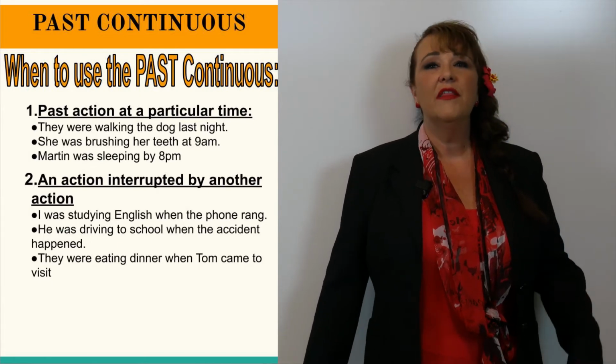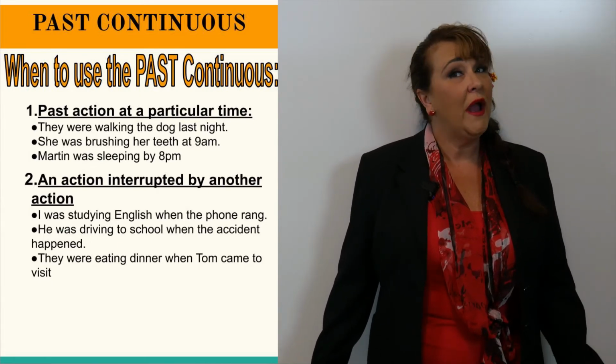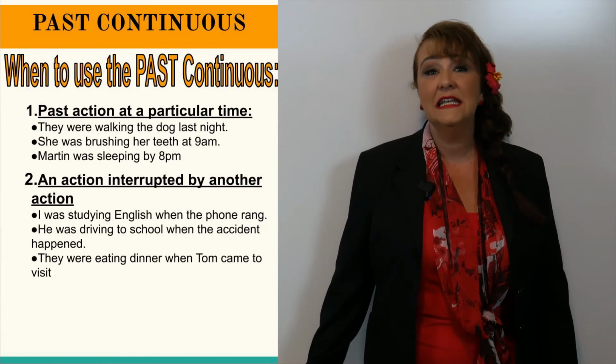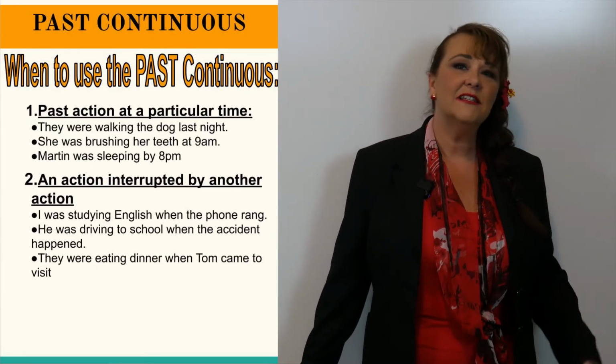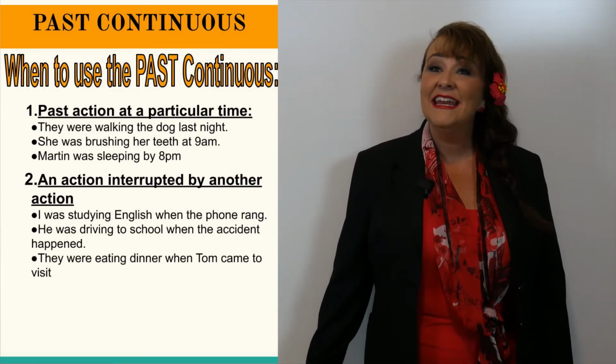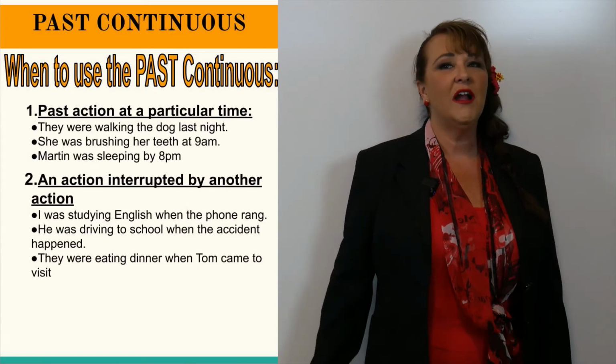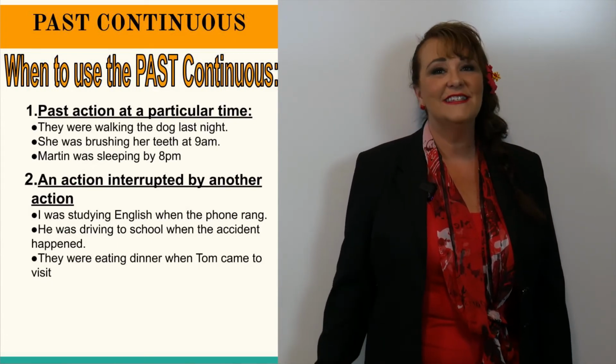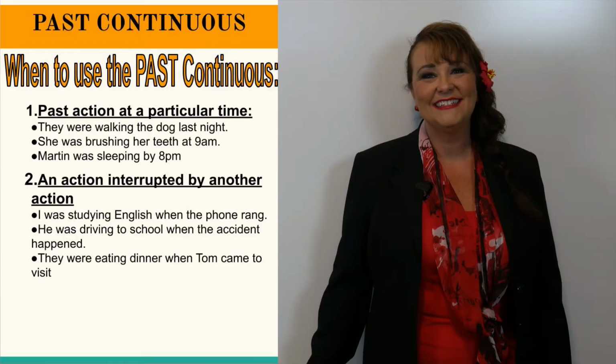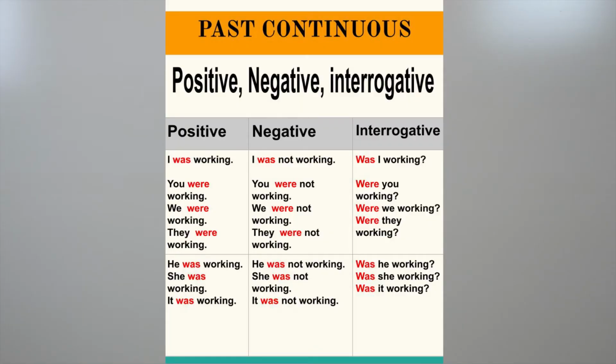So now that we have gone over when to use the past continuous, let's look at the positive, negative, and interrogative forms of this aspect. Just like in every tense we have studied so far, you can form the positive, negative, or interrogative sentences using the past continuous.